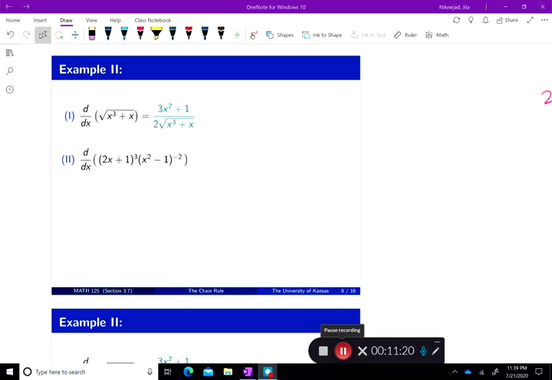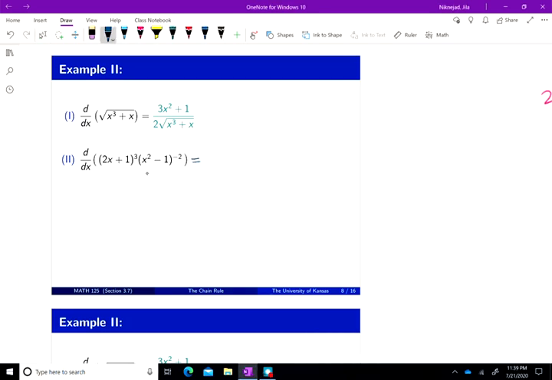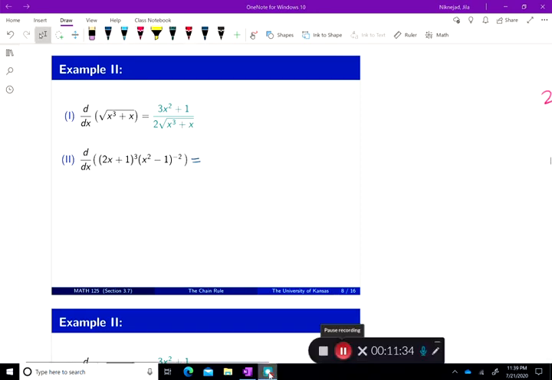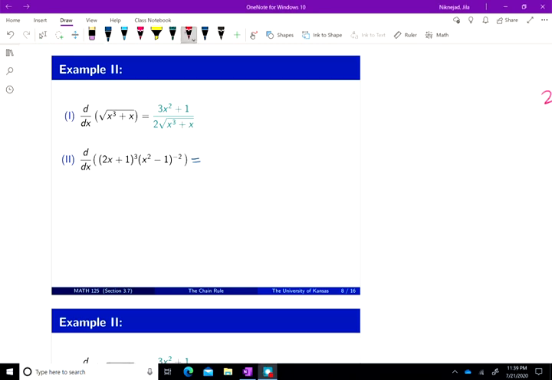The chain rule is combined with other rules and other techniques also. This is an example. You see that there is a product rule. You're basically starting with a product of 2x plus 3. Let's see, this is the first function, and that's the second function.